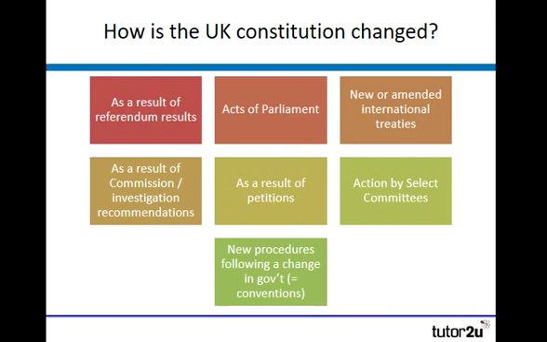Now, a select committee is a committee usually consisting of members of the House of Commons, although certainly members of the House of Lords, peers, could sit on a select committee, and their role is to scrutinise the work of specific government departments. So, for example, you could have the Treasury Select Committee or the Health Select Committee, and those select committees scrutinise the work of the government and may suggest changes.